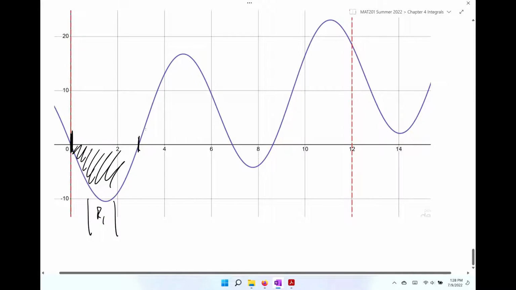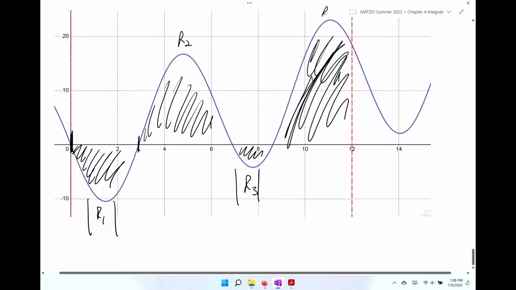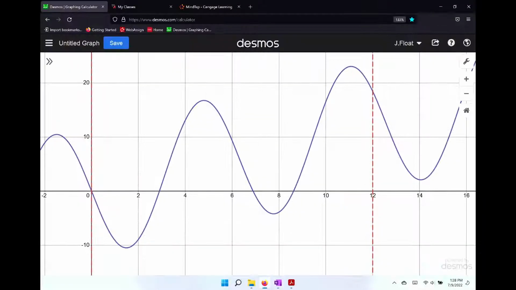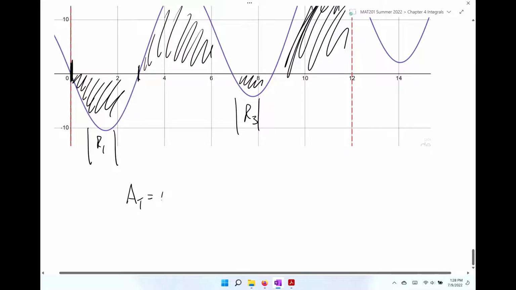Then you'd have to find the area here in region 2, and you would do that for every single one of these regions. And then you would add, the total area would equal region 1 plus 2 plus 3 plus 4.